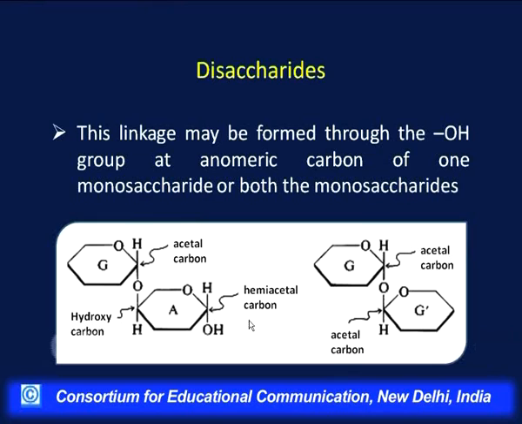But there is a possibility that 2 sugar moieties may form this glycosidic bond using the anomeric hydroxyls. Then what will happen? Both will be converted into the acetal carbon. Now, this has been shown in the inverted way, because the normal representation has the oxygen on this corner. This is carbon number 1 now, and the hydroxyl at carbon number 1 of this sugar moiety as well as the hydroxyl at carbon number 1 of this sugar moiety have formed the ether type of linkage, that is a glycosidic linkage.